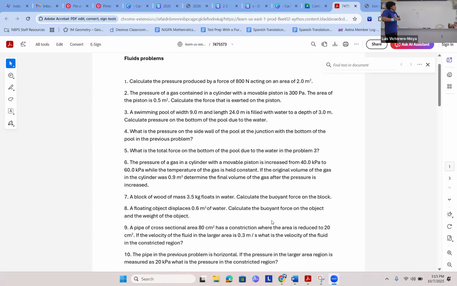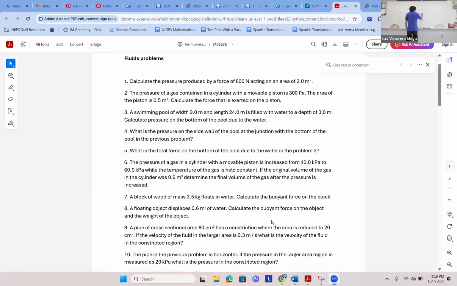That's the Archimedes principle. The weight of the displaced liquid is equal to the buoyant force. Now, in this case, they don't tell you, but if it's floating, we assume that the weight, because it's in equilibrium, is equal to the buoyant force.